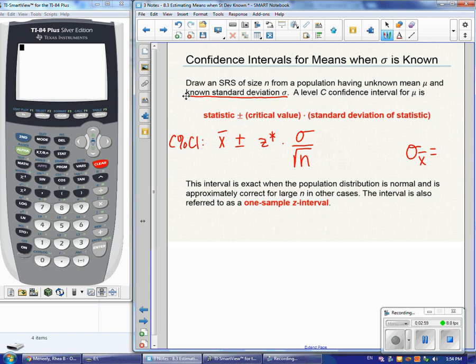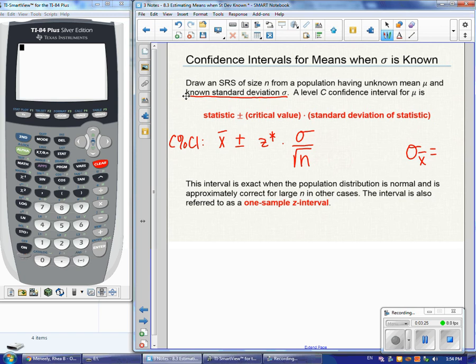Again, it's only when we actually know the population standard deviation, which in practice is not something that happens very often. And this interval will be exact when the population distribution is normal. It's going to be approximately correct if our sample size is more than 30. And then we'll also see what happens if neither one of those criteria are met, but we have data.